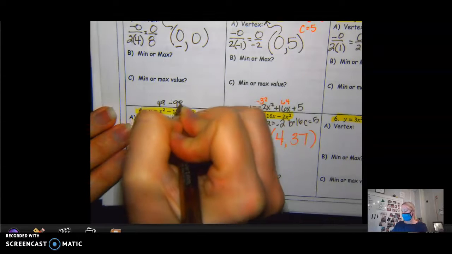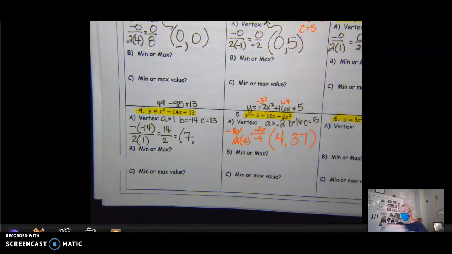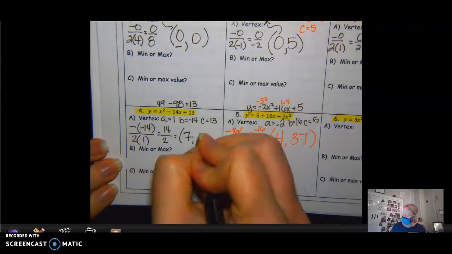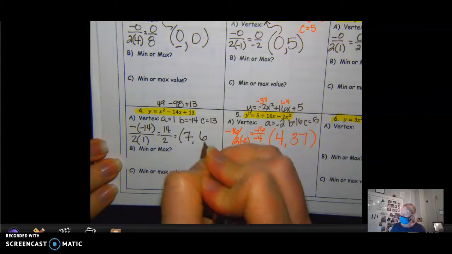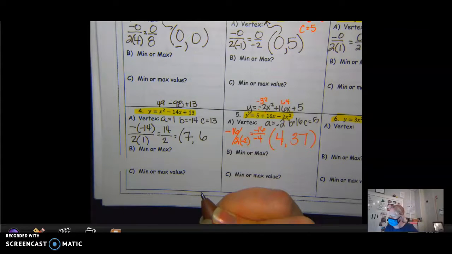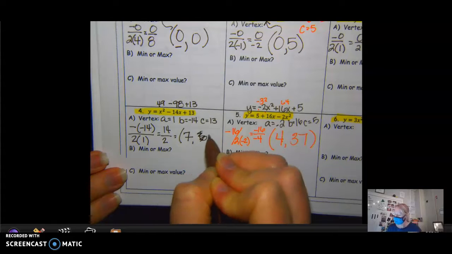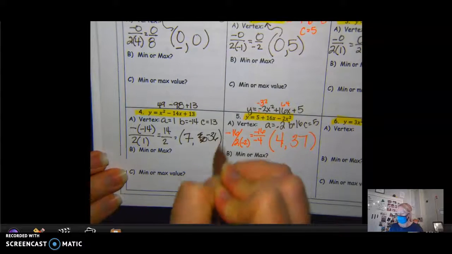So minus 98, then plus 13. So now on your calculator, do 49 minus 98 plus 13. And what do we get for an answer? That should be negative 36. Correct.